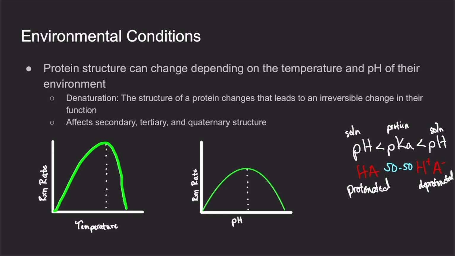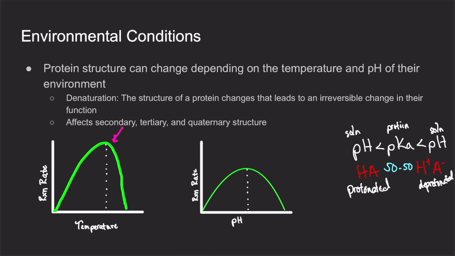But what if you add so much energy, increase the temperature so much, that all of a sudden the bonds that are keeping the structure together start to break? Remember, the bonds only contain so much energy, and once you supply enough energy to break those bonds, the bonds will break. That's what's happening at this cusp here.